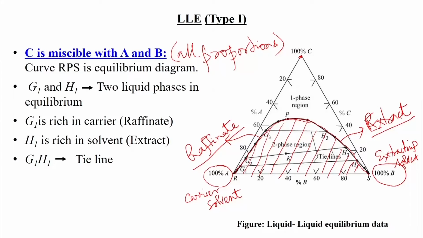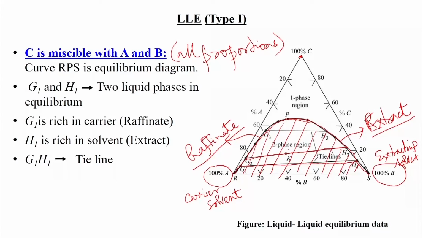So, in this two phase equilibria, suppose G1 and H1 are connected with one tie line. So, these two liquid phases are in equilibria, and G2 to H2 is also in equilibrium. Suppose we have added the extracting solvent to the feed and mixed it properly.